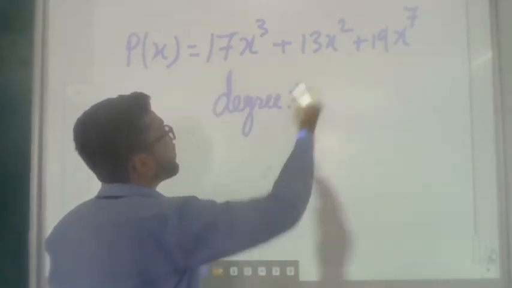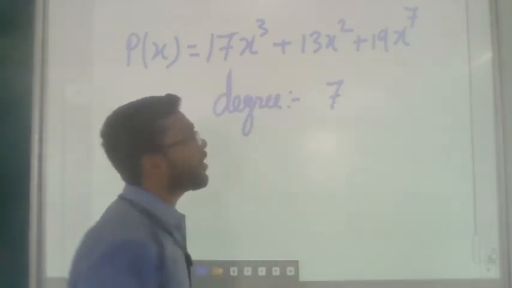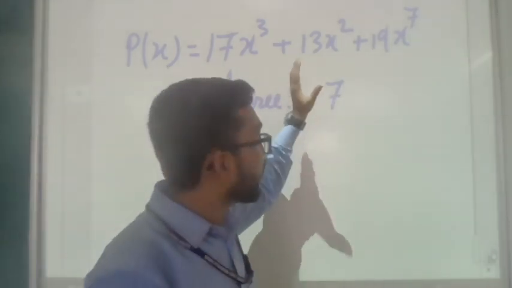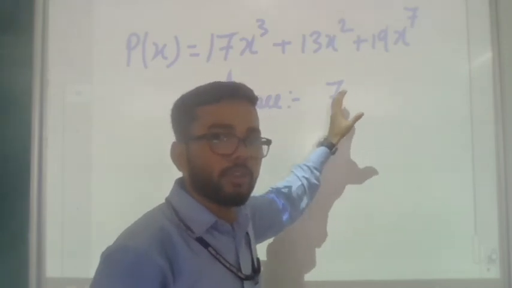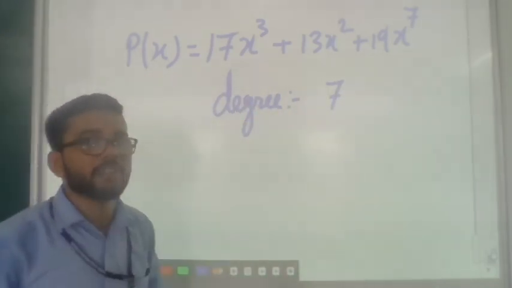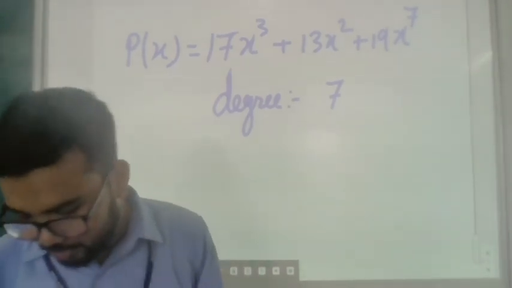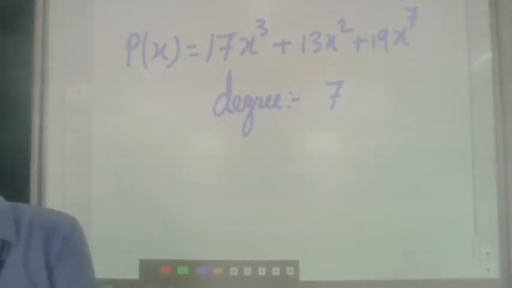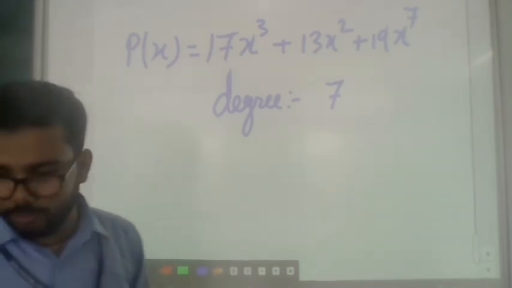Its degree is 7, because the highest power of the variable in this polynomial is 7. That is why the degree of this polynomial is 7. So the highest power of the variable is the degree of the polynomial.